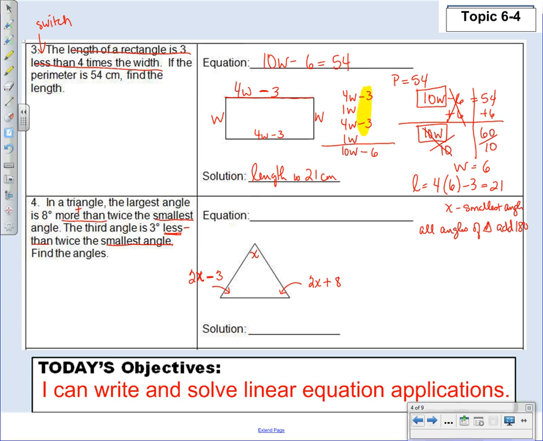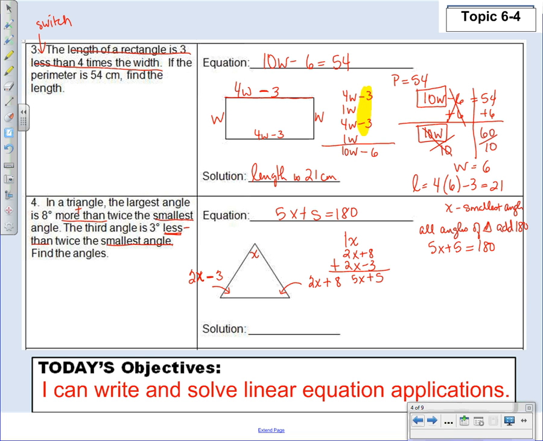So if I add up all these angles, x, we put a 1 in front of it, 2x plus 8, and then 2x minus 3, add them up. If I add up all my x's, there's a total of 5 x's, and then 8 minus 3 gives me a positive 5. So I know that 5x plus 5, those are all my angles, must add up to 180. We have our equation.